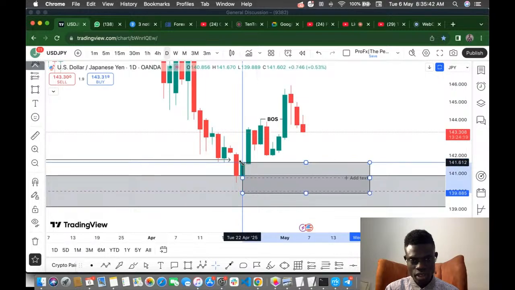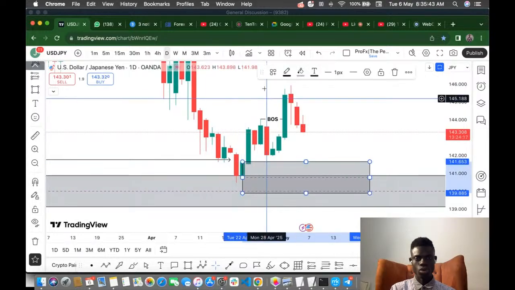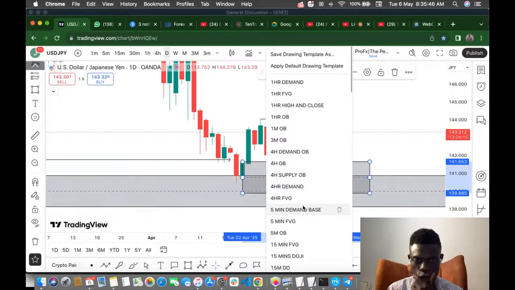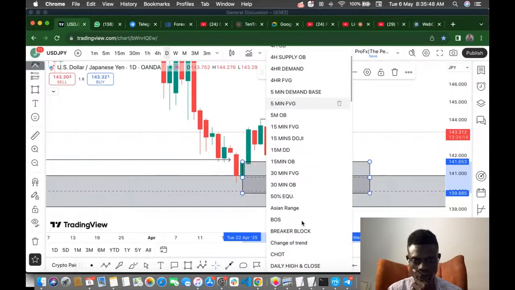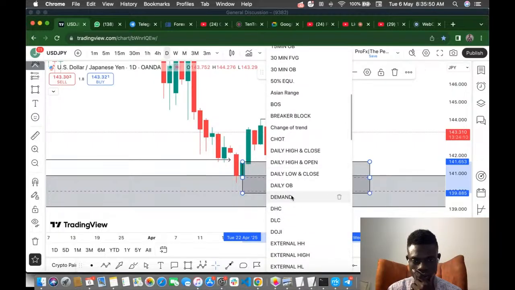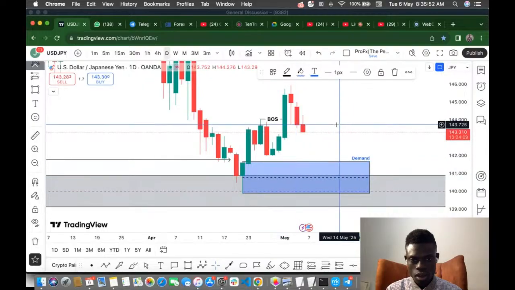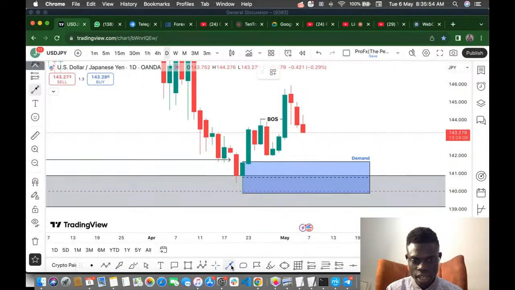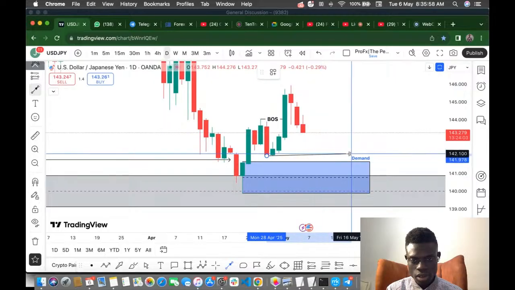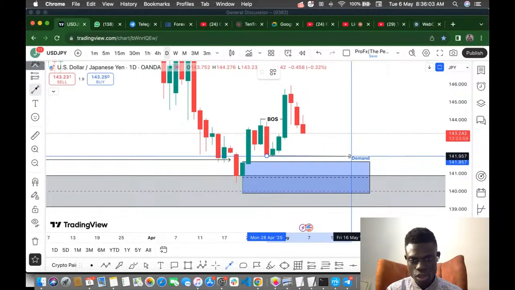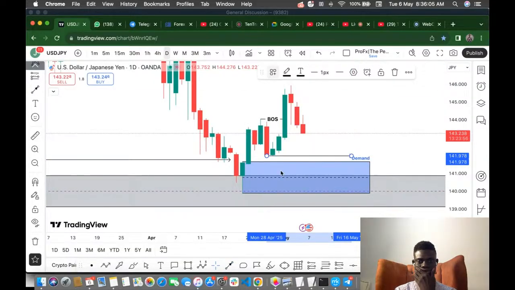Drop base rally, demand. Then here we have a daily inducement before the demand. So the USDJPY is pretty much bearish.